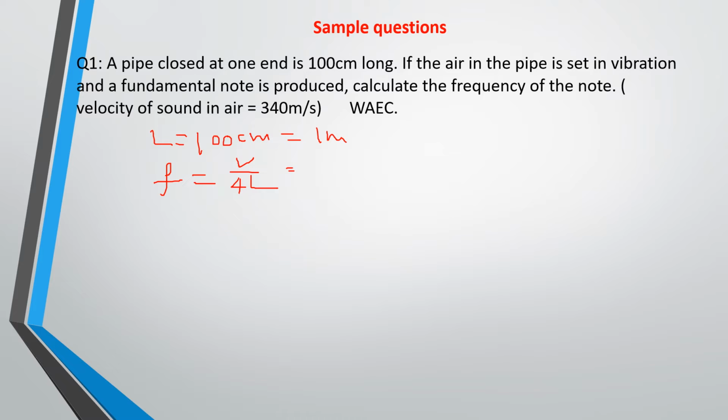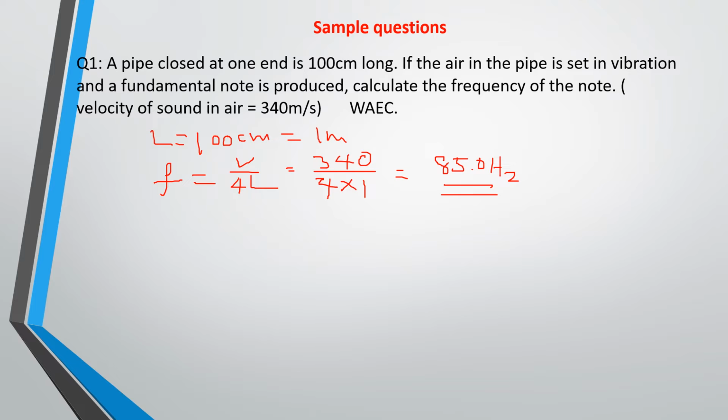So v is given to you to be 340, divided by 4 multiplied by 1. If you multiply this out, you are going to have 85.0 Hz as your final answer. So this is how to solve some of the problems that you get from this.